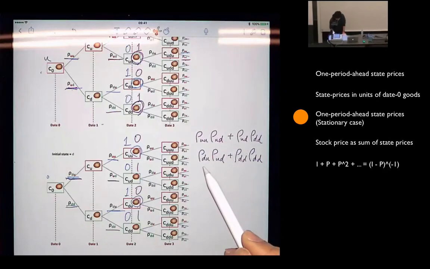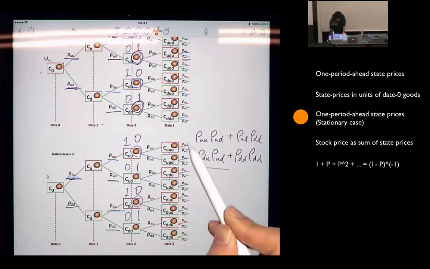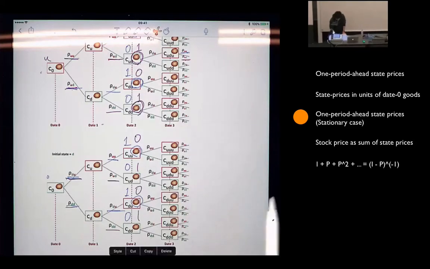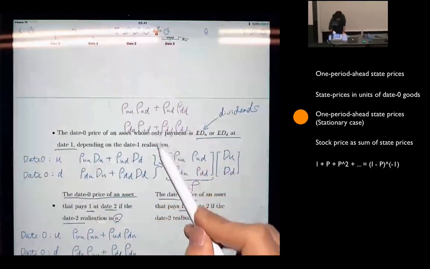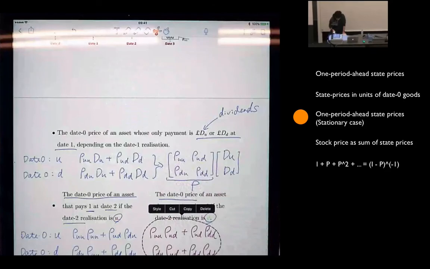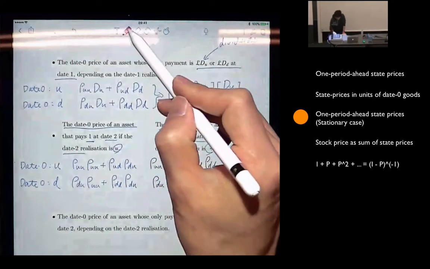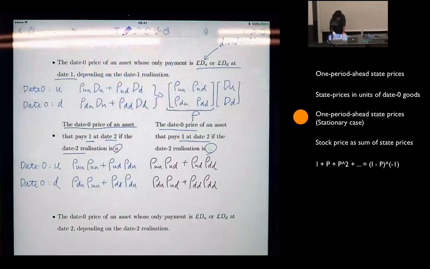So there are 4 possibilities. What is the price of an asset that gives you 1 unit of potato at date 2 when the date 2 economy is up?